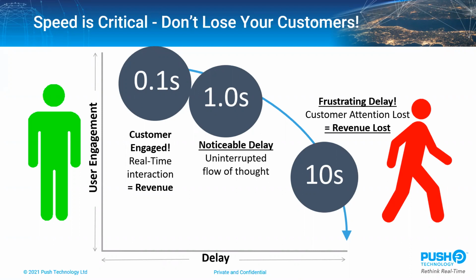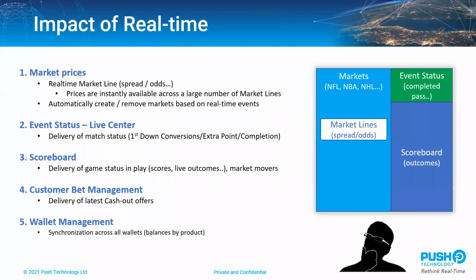So it's critical, even down to 100 milliseconds, to engage those customers, those bettors, and provide them with fresh data. It's also been shown that the cost of acquiring customers is greater than the cost of maintaining them. So there's true value in providing real-time, fresh data to those customers.